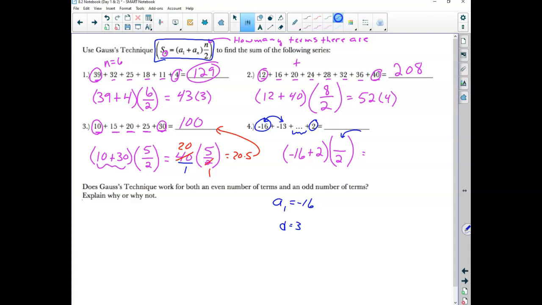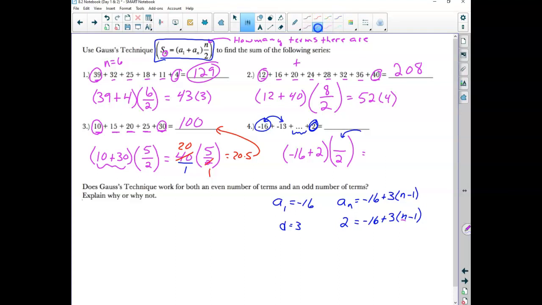So my explicit formula is going to be a sub n equals negative 16 plus 3 times n minus 1, right? Well, what is n? This 2 is my last term. A sub n is 2 equals negative 16 plus 3 times n minus 1. Notice, I did physically plug in the last term. It's n. I don't know what it is.